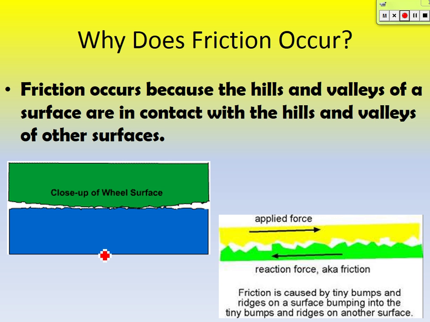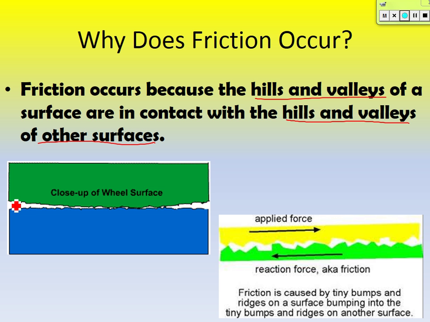So friction occurs between the hills and valleys of one surface in contact with the hills and valleys of another surface. Now, even though an object's surface looks really smooth, like this counter, if you look at it at the microscopic level, nothing is perfectly smooth.